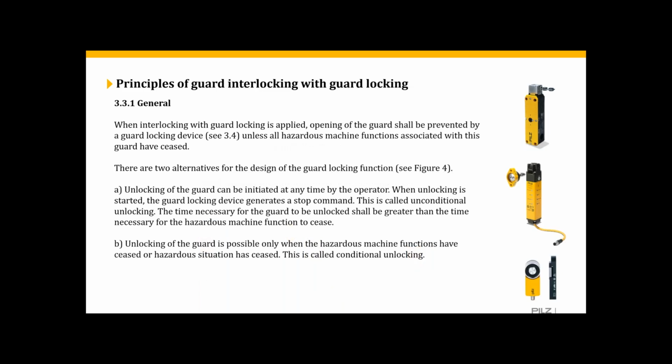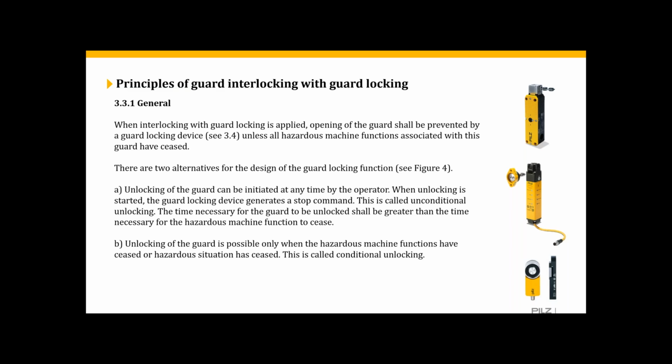A general note then: when interlocking with guard locking is applied, opening of the guard shall be prevented by a guard locking device unless all hazardous machine functions associated with the guard have ceased. And there are two alternative designs for the guard locking function. First, unlocking of the guard can be initiated at any time by the operator.